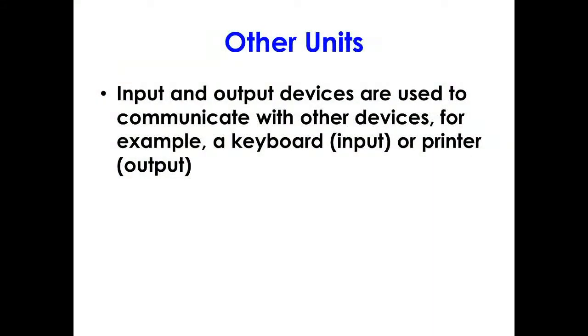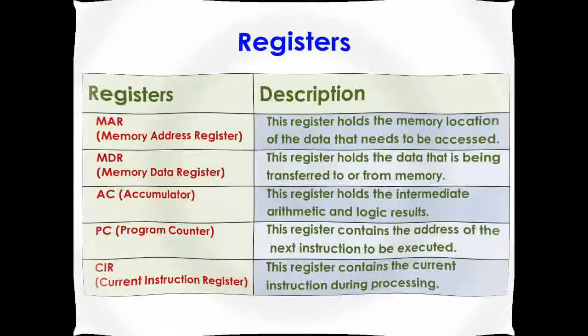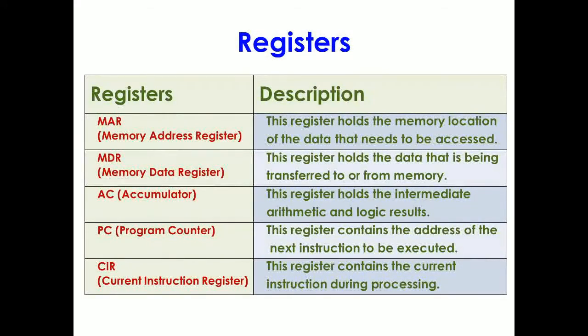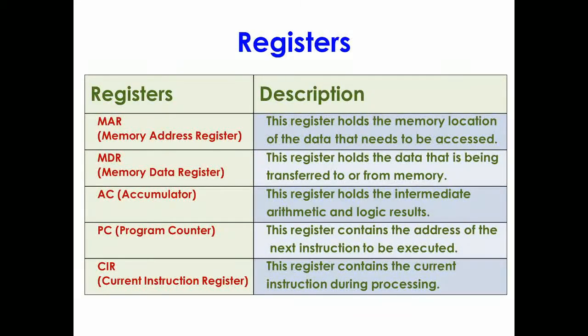The input and output units are used to communicate with the other devices, and they play a supportive role with the other components. The different registers that are used, I have written the description so that you can read it clearly.